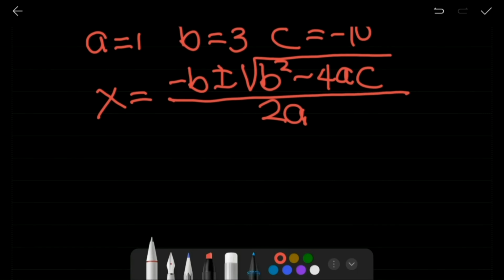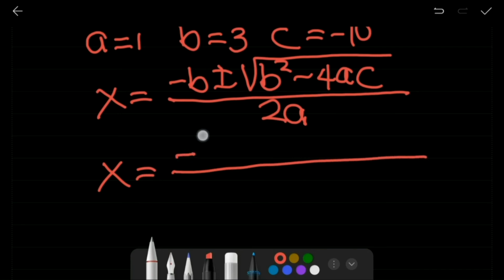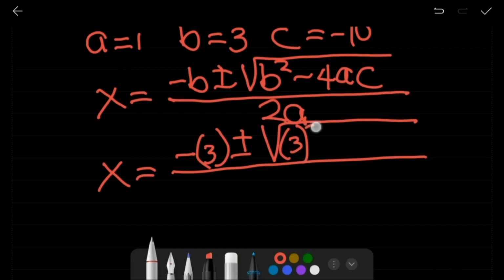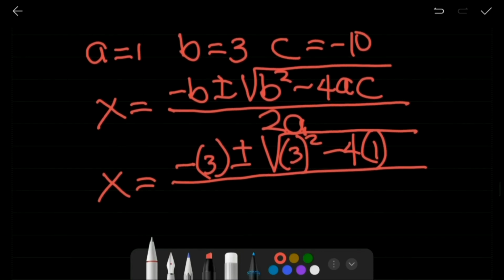Then we will plug in the values. x is equal to negative b, b is 3, plus or minus b again is 3 squared minus 4, a is 1, and c is negative 10, all over 2 times a is 1.